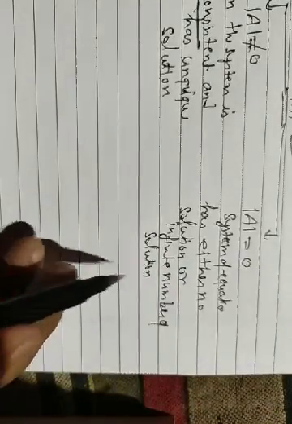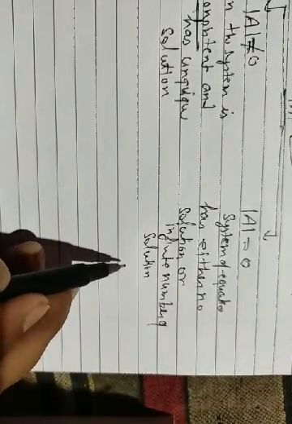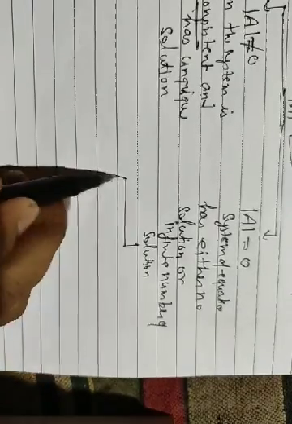When the determinant is equal to 0, the system has either no solution or infinitely many solutions.